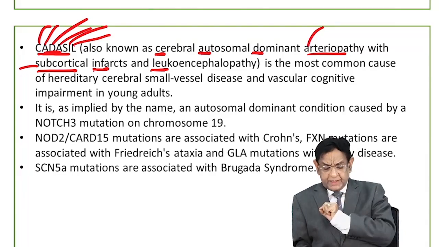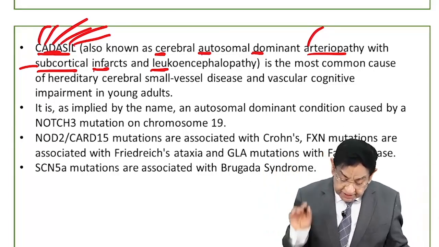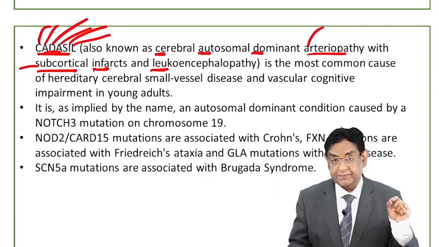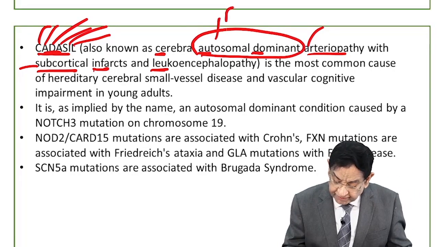Point to be noted, it is a type of arteriopathy, subcortical. It is dominant. It means what? Family history will be positive.